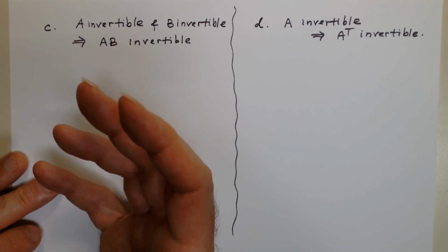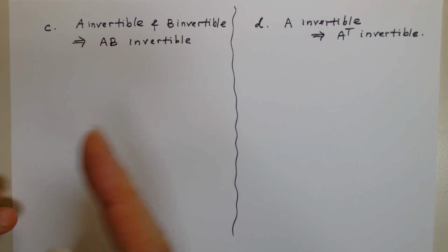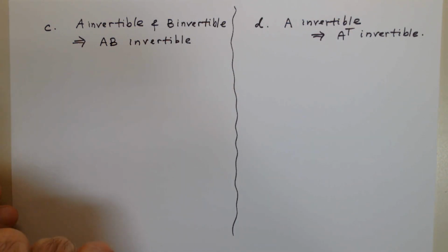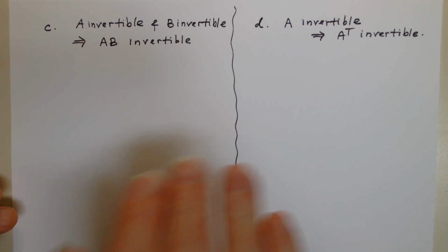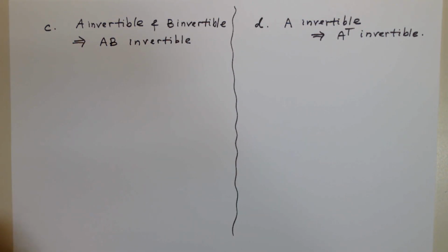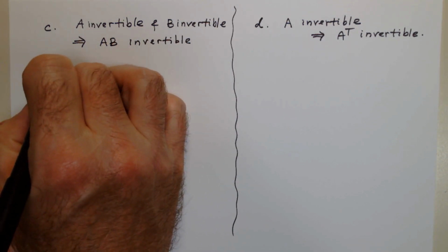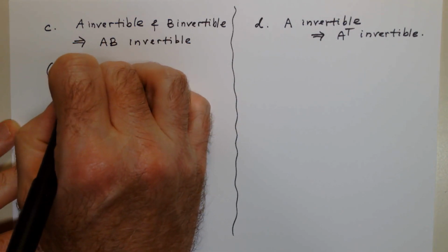Now all I have to do is show that there's a matrix that multiplies on the right with AB and produces the identity, and simultaneously multiplies on the left with AB and produces the identity. And my candidate is going to be B inverse times A inverse in that order. So let's see if that actually works. So suppose I want to multiply AB by B inverse A inverse.